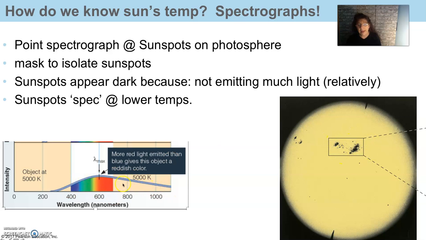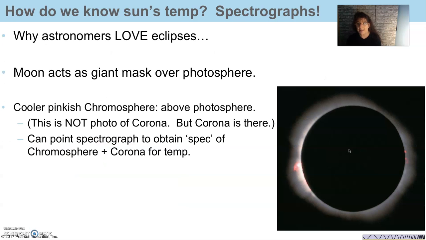They're more like the very cool star. But that makes sense because these are black areas, and black areas are not emitting a lot of radiation. Otherwise, they wouldn't be black. They'd be green, or red, or blue, or yellow. But these are black. They're not emitting a lot of radiation, so they are cooler. So we can find that out from the spectrograph and a mask.